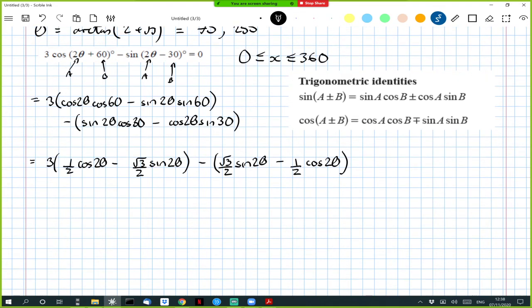And let's expand those brackets now, which is equal to 3/2 cos 2θ minus 3 root 3/2 sin 2θ minus root 3/2 sin 2θ, double minus, so plus 1/2 cos 2θ.